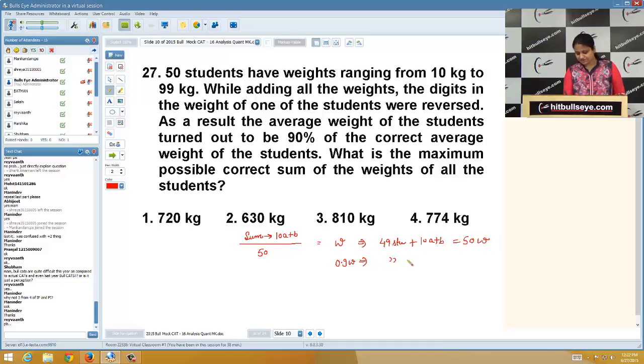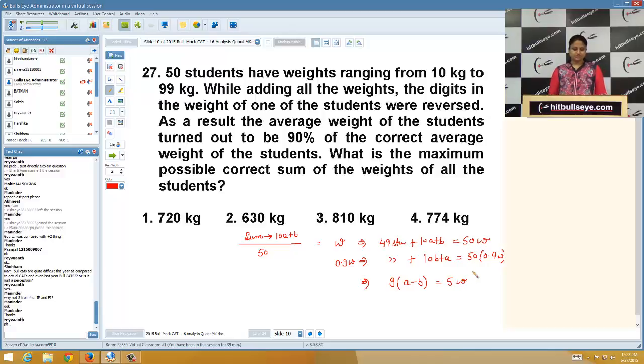If we apply the same logic here, the 49 students have the same weight, but that particular student now will have weight 10B plus A because the weight is reversed. Now it will be 50 into 0.9W. If we subtract this, it will be 9 times (A minus B) equals 5W.